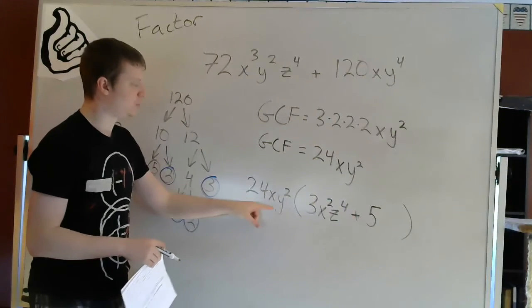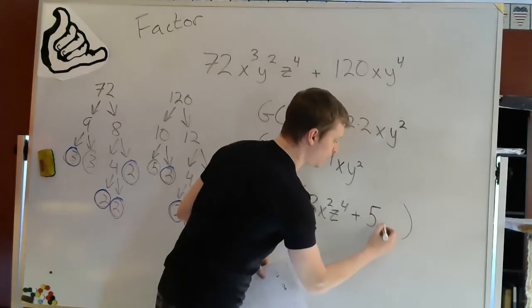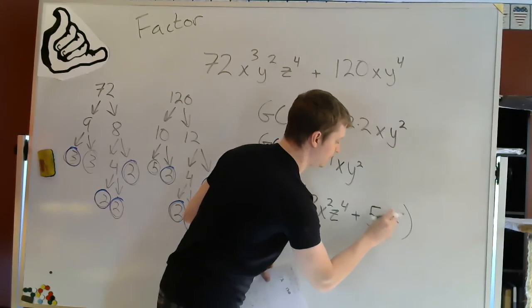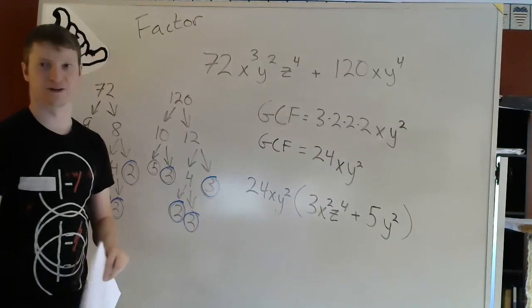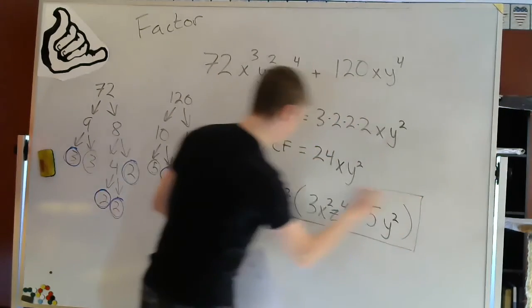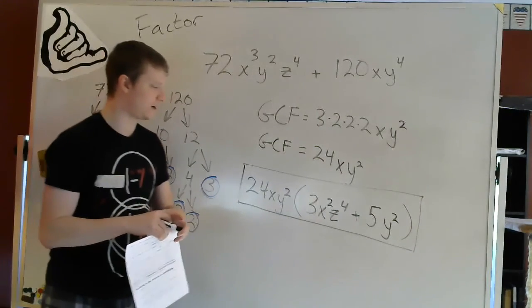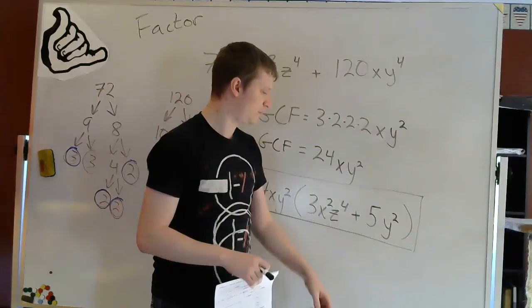And then I took out 2 y's, but I had 4 y's originally, so I have 2 y's left after I've taken the other 2 out. So the second term in the parentheses is 5y squared. My final answer from factoring out the GCF is 24xy squared times 3x squared z to the 4th plus 5y squared.